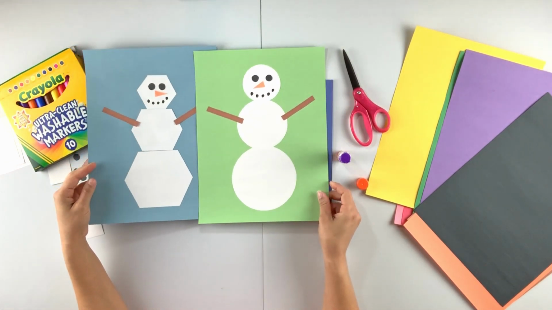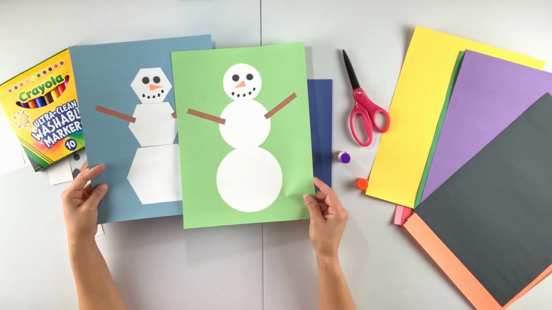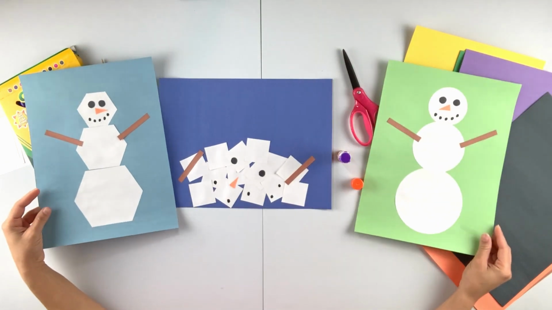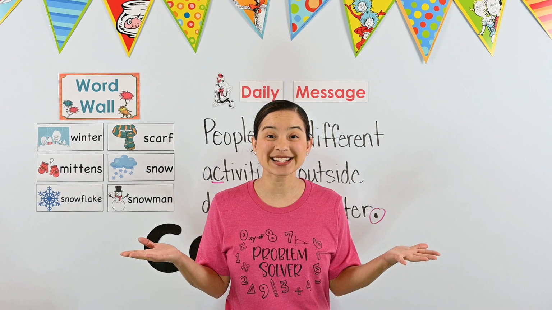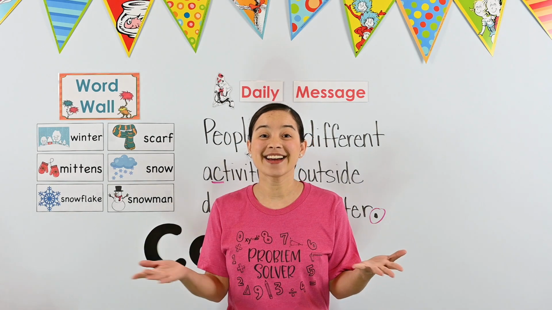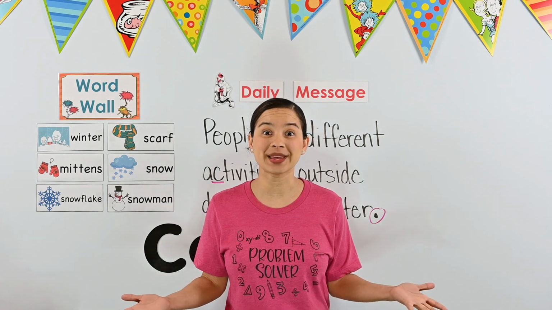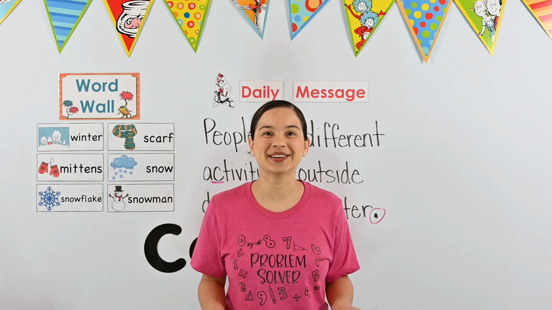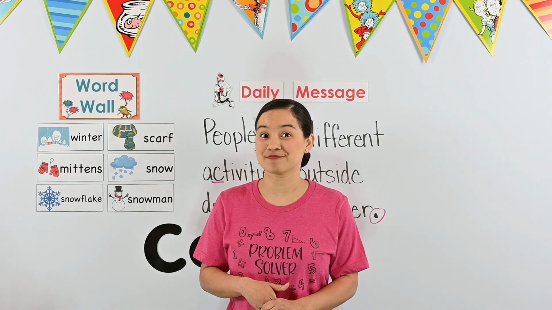All of my snowmen have circle eyes, a triangle nose, circles for the mouth, and rectangle arms. I hope you enjoyed today's activity. Did you enjoy the snowman activity? I did. I loved using different shapes to make different types of snowmen. They weren't all round like you would make with real snow. I really enjoyed the activity.